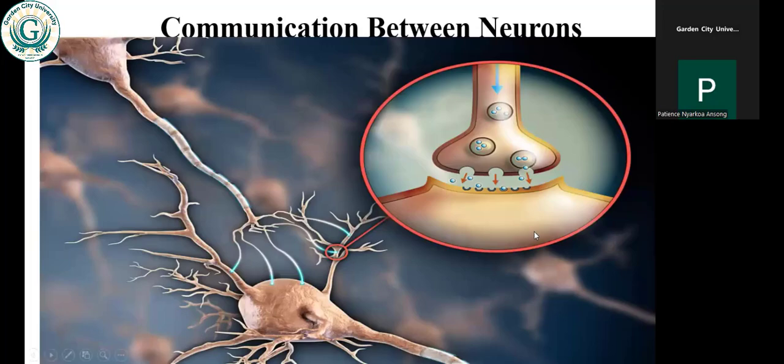Now, let's look at this picture. This is one neuron and this is the second neuron. We have transmission happening from this neuron to this neuron. The second neuron is the postsynaptic neuron. The first is the presynaptic.